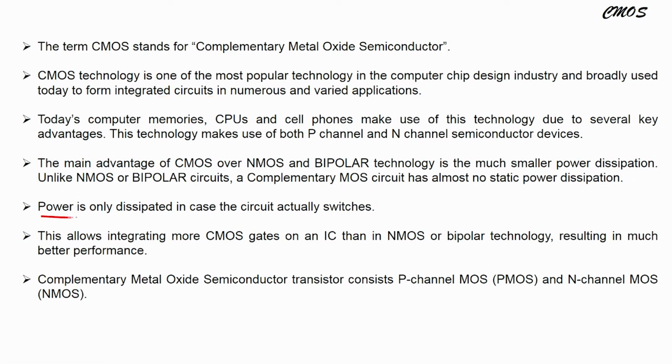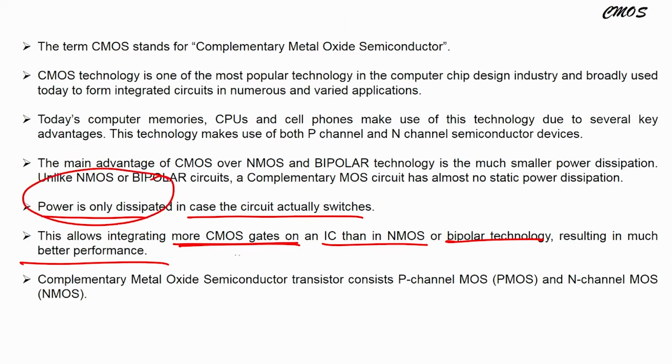Power is only dissipated when the circuit actually switches. Power is not dissipated if the circuit is idle, only when it switches from one state to another. This allows integrating more CMOS gates on an IC than in NMOS or bipolar technology, resulting in better performance, and that is why you can have more gates compared to bipolar or NMOS.